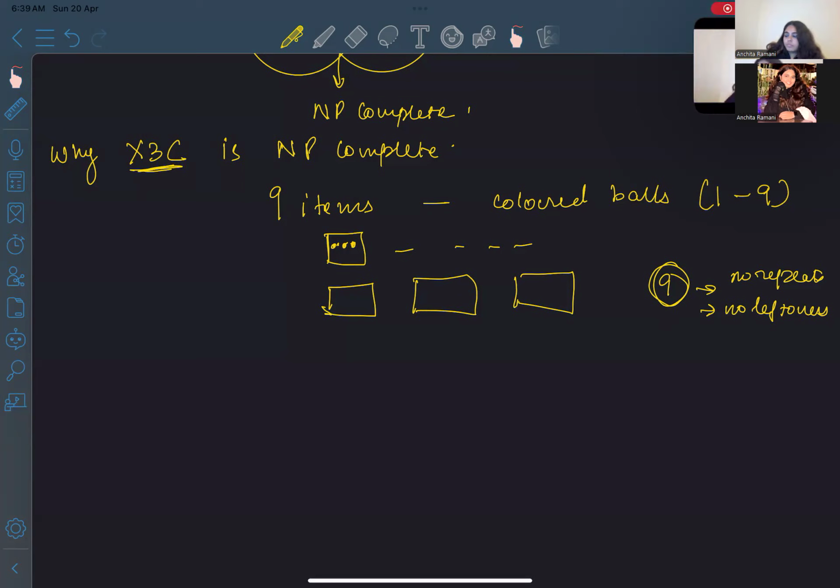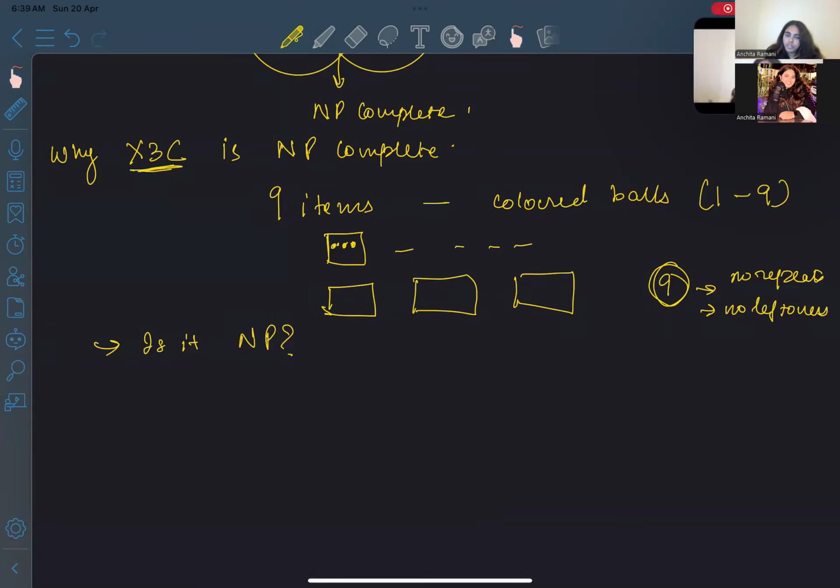So let's check the first property, which is whether it is an NP problem or not. If someone gives us a solution, like 3 boxes, we can easily check: are there exactly 3 sets? Do they cover all the elements, with no duplicates and no leftovers?